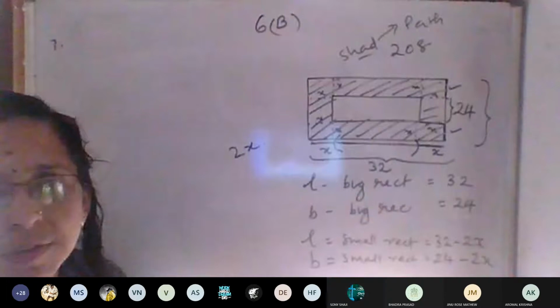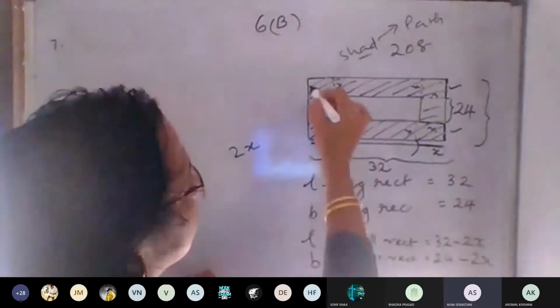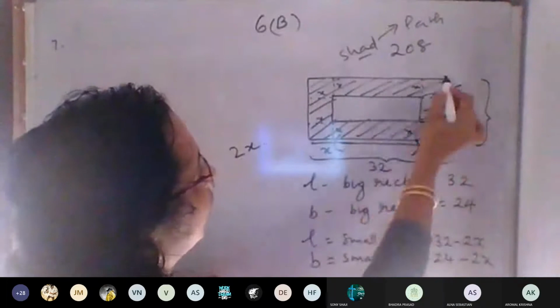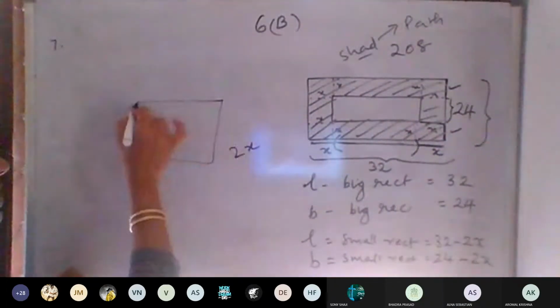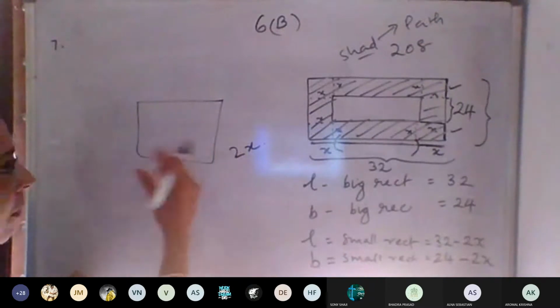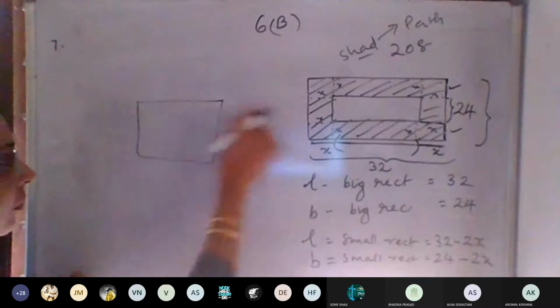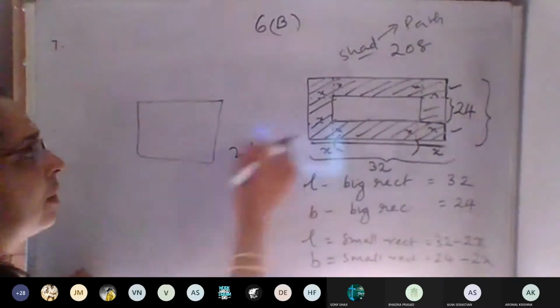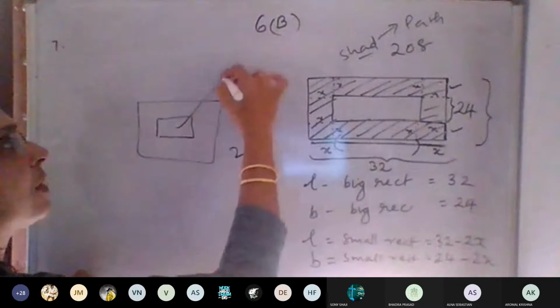Area of the big rectangle minus area of the small rectangle. We want to find only the area of this path, so this portion we have to delete, that means we have to subtract.